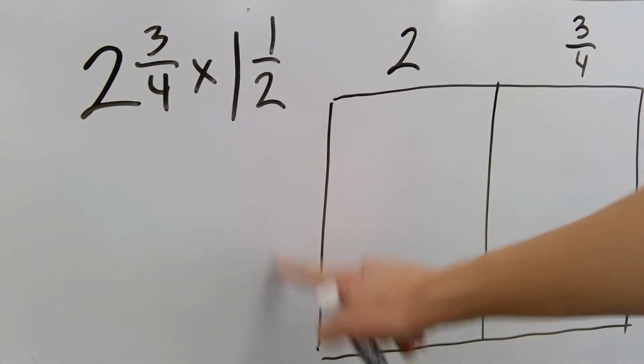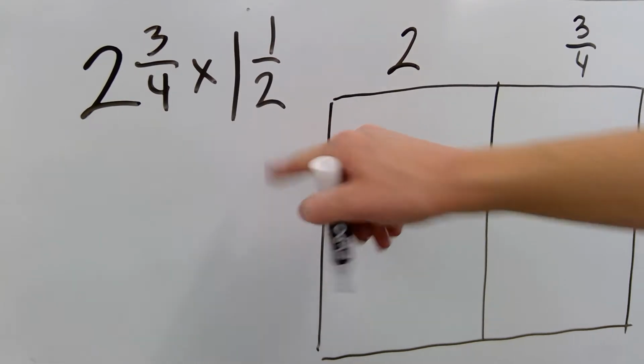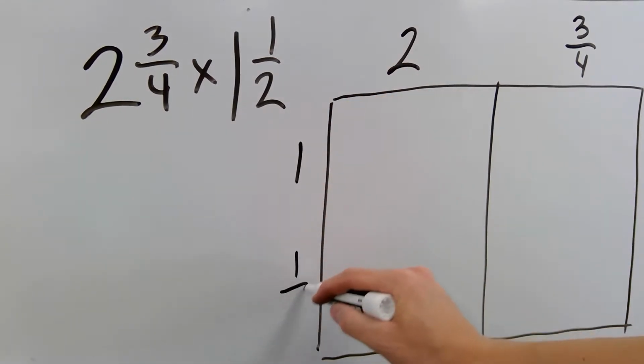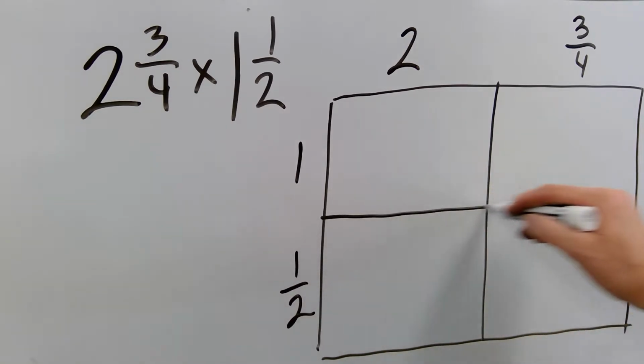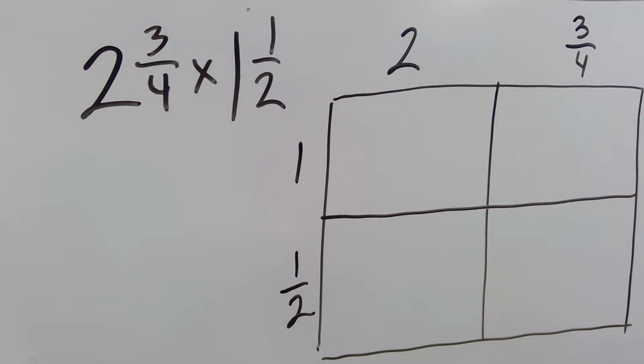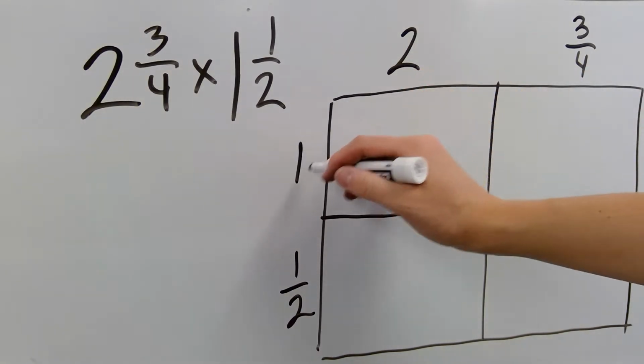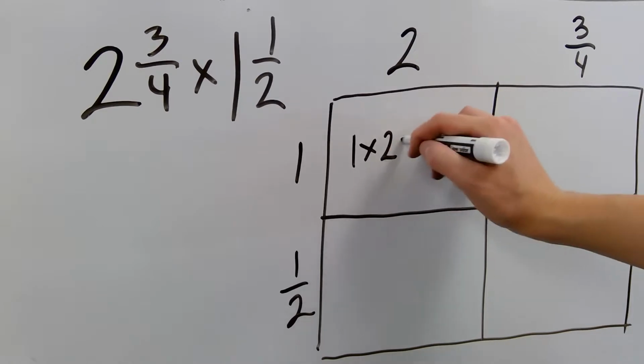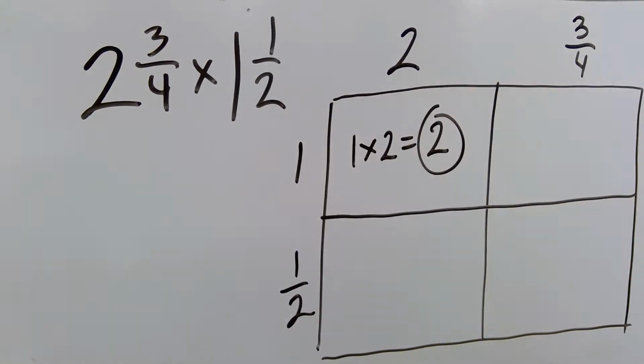Now on this side, I have 1 and I have 1/2, so I need to split that into the whole number 1 and the fraction 1/2. And I'm going to solve just like normal. In this box, I'm doing 1 times 2, which equals 2.